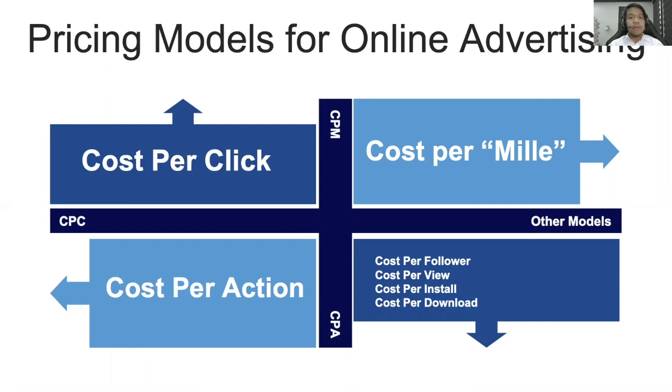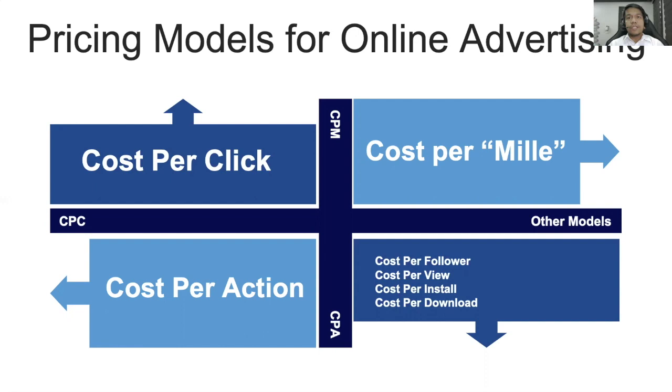CPC and CPM are the most common pricing models because they have been around for quite some time already. CPC, or cost per click, charges the advertiser for every click on their ad. The price usually ranges from cents to a few dollars.